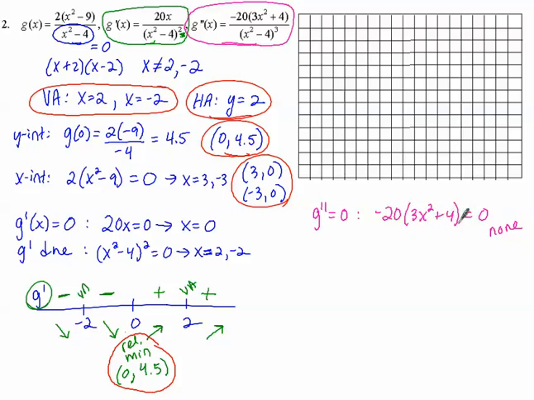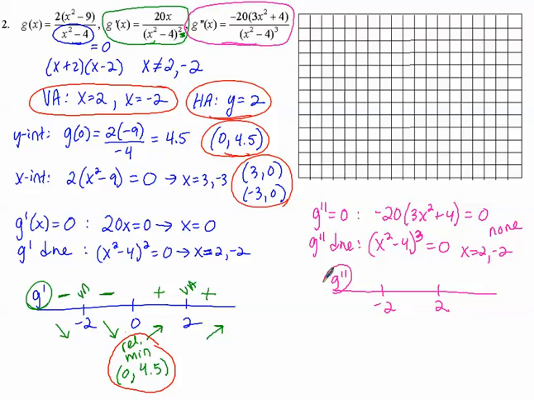If you try to set it equal to 0, you're going to get imaginary values, so nothing. How about where g double prime doesn't exist? That's where our denominator cubed equals 0. That does happen at two places, but again, it's because the domain restrictions are there. We can still make our number line with those domain restrictions.